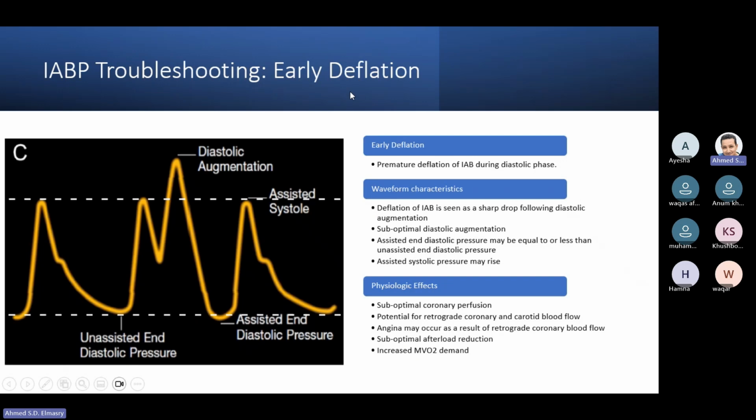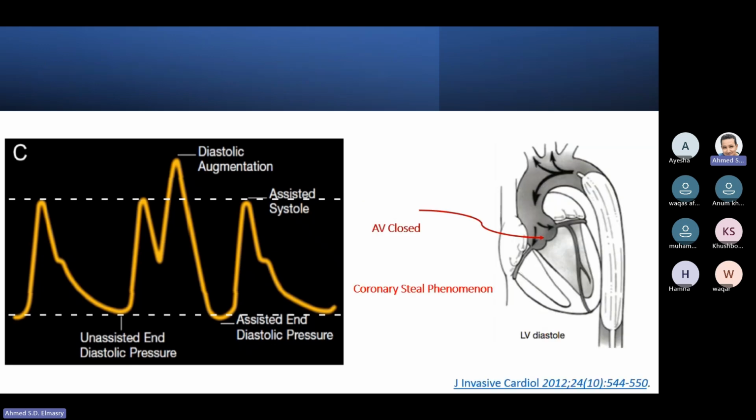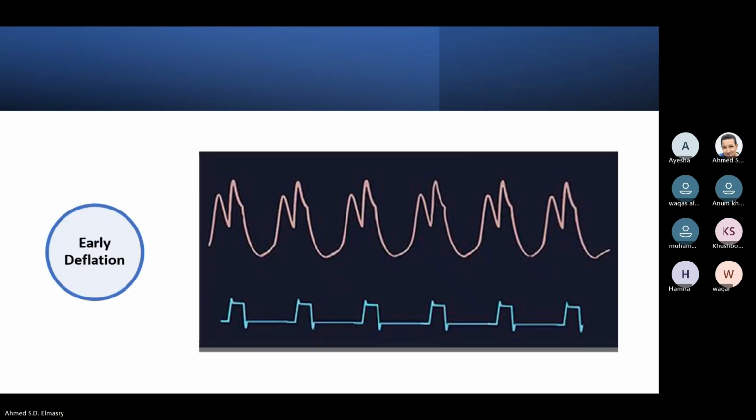So the early deflation will lead to suboptimal diastolic augmentation, suboptimal coronary perfusion, and if it happens very fast, it will lead to coronary steal phenomenon or retrograde coronary blood flow, and this will lead to angina or more ischemia to the patient.